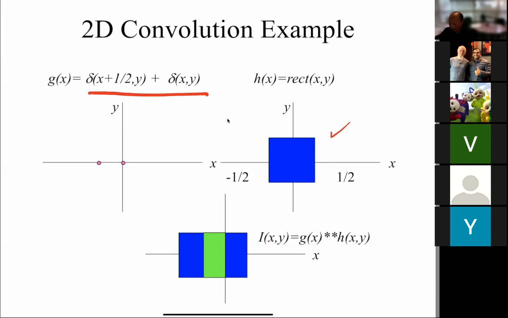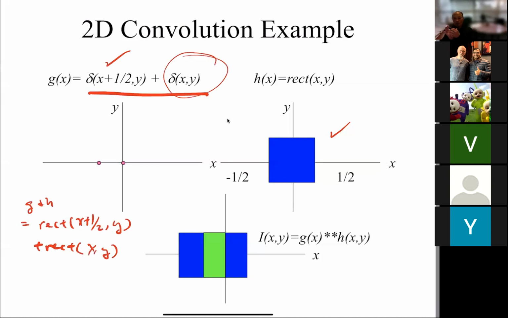So essentially, if we want to write this out, g convolved with h is just going to be equal to rect of x plus 1/2, y, because that's shifting it to this delta function, plus rect of x, y, which is because this direct delta function is centered at the origin, so it doesn't move the rect function at all.